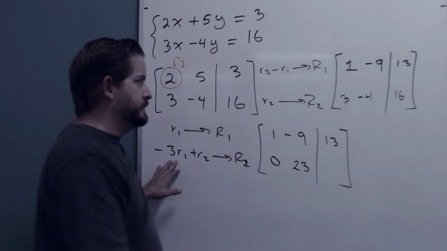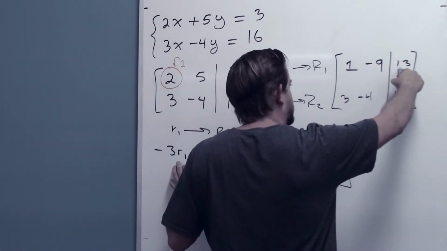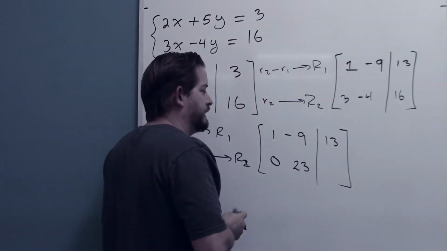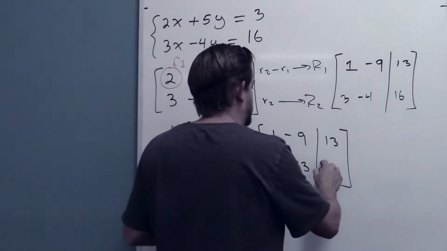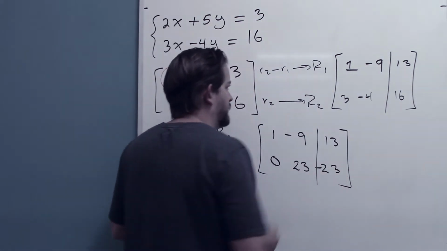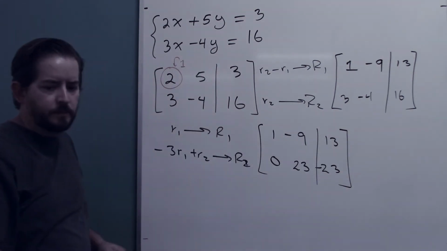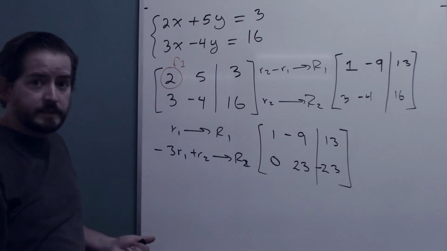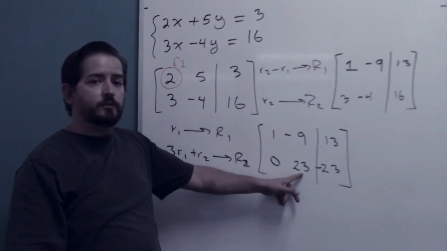Negative 3 row 1, so negative 3 times 13 is negative 39, and I add that to 16, and I get negative 23, right? Great, that's step 2.